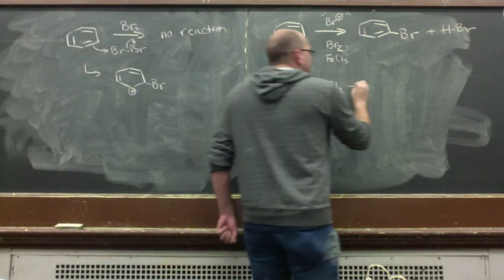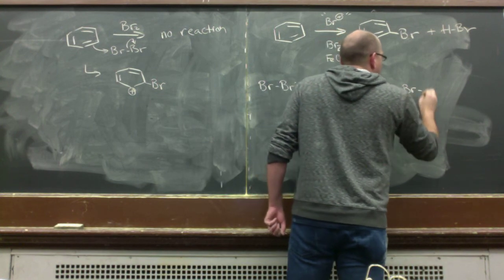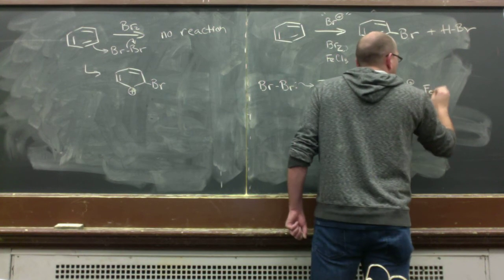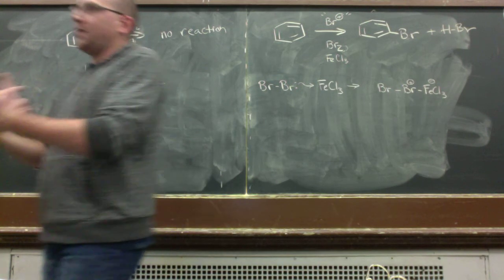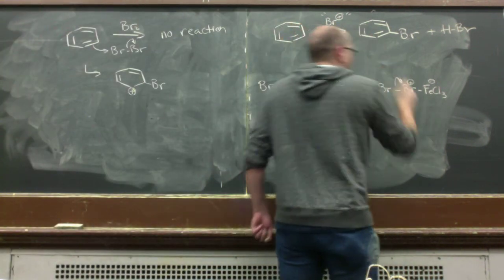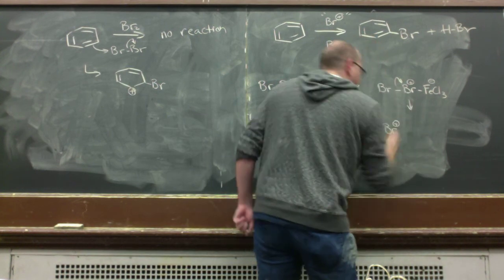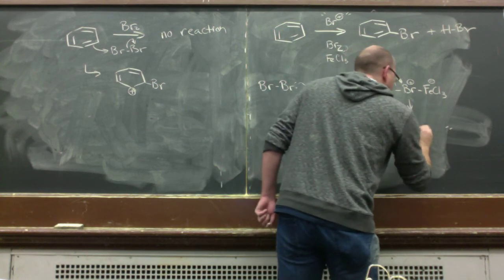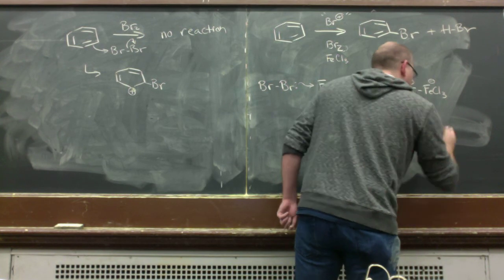And what we're going to get to is the molecule that we can think about in this form, but even more likely we can think about it like what I said before, as Br plus, FeCl3 minus.